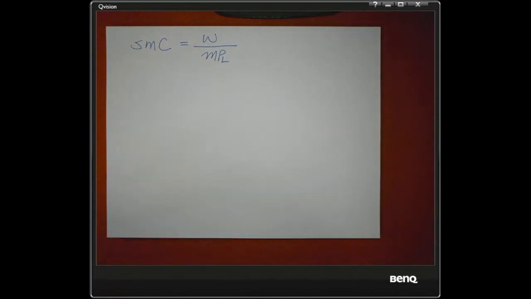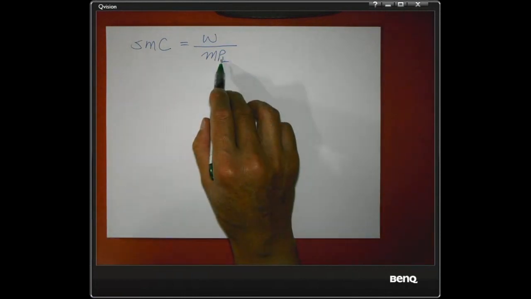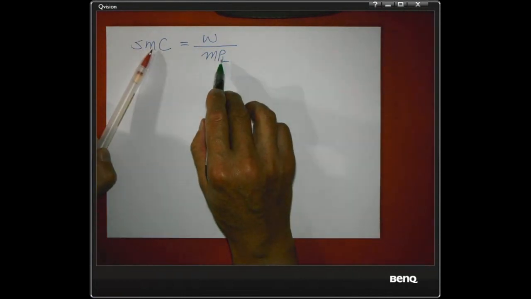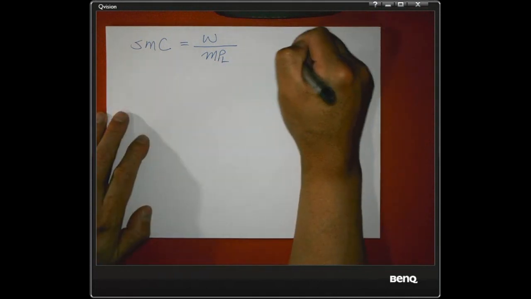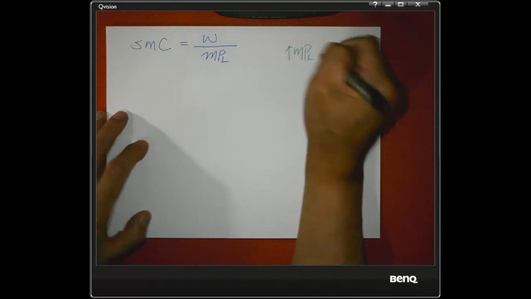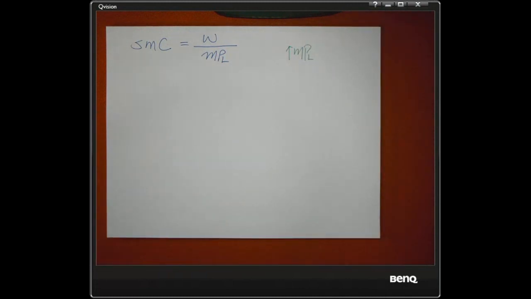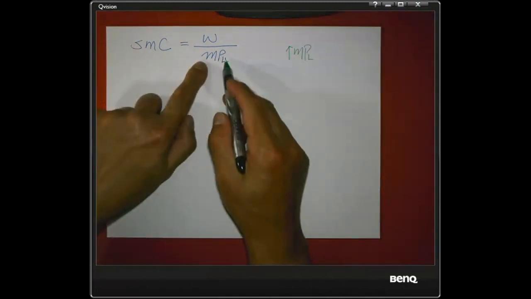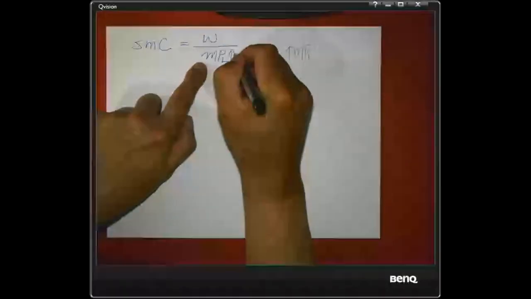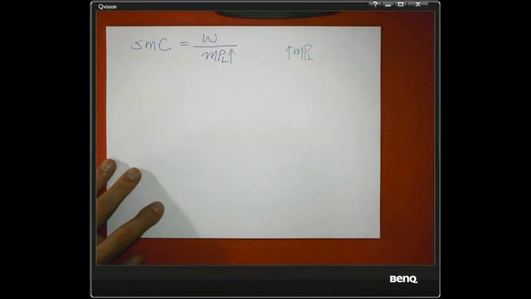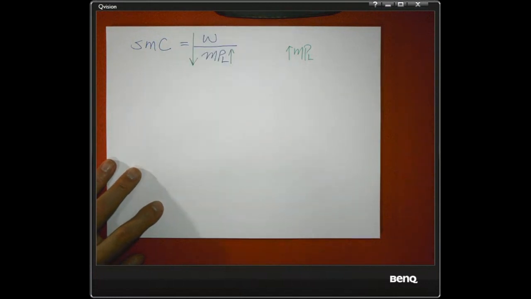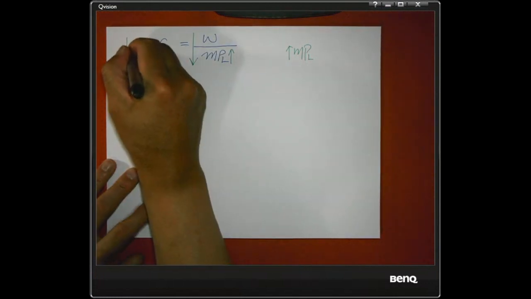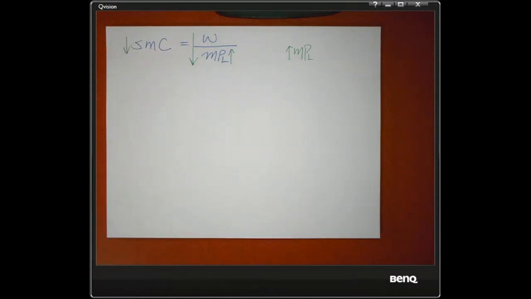And now, you can see the relationship between productivity and the corresponding cost. In other words, if we have an increase in the marginal product of labor, that is a larger denominator in this ratio, then the entire ratio drops. That is, the marginal cost will fall.